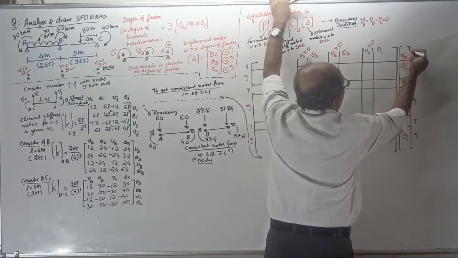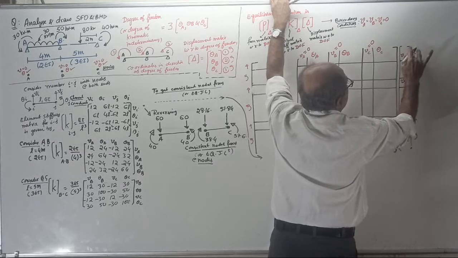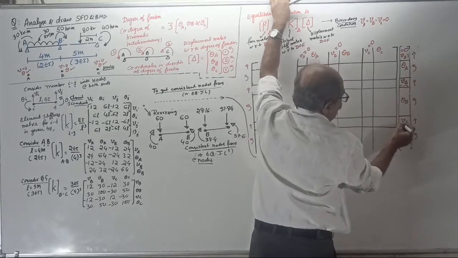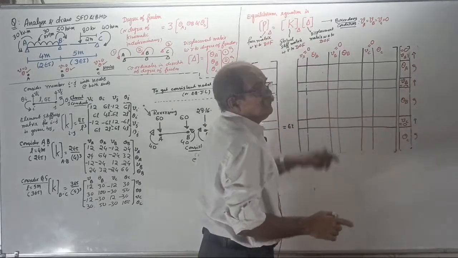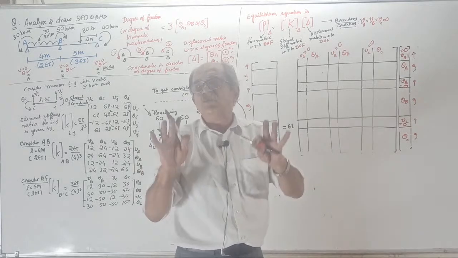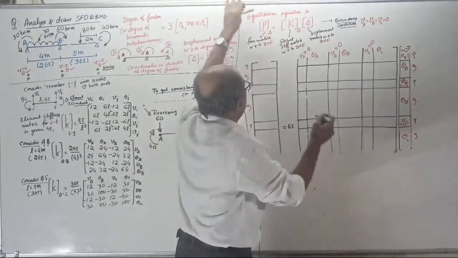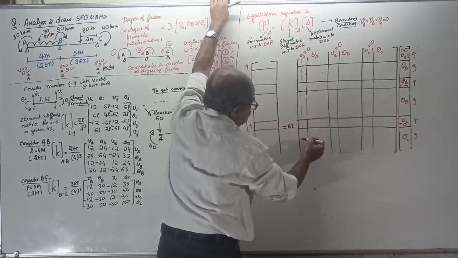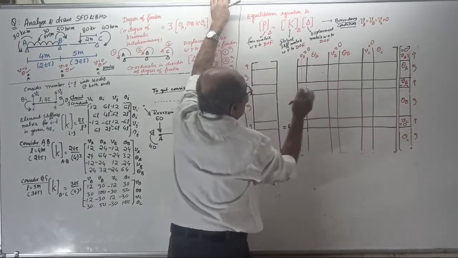If zeros are there, you need not waste time in entry or examination. All the columns for 0 are not required. Cut.